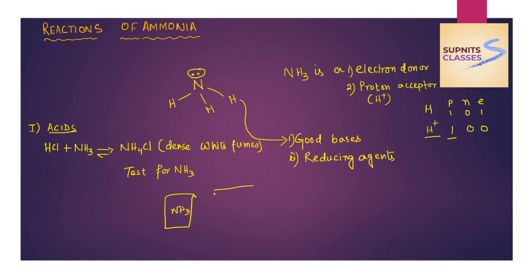Now a glass rod dipped in HCl, you bring this glass rod in this one. In contact with ammonia, it will give dense white fumes, which gives us clear-cut indication that this glass jar had ammonia.